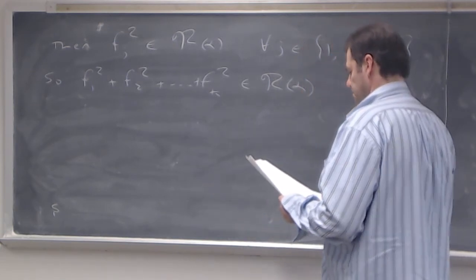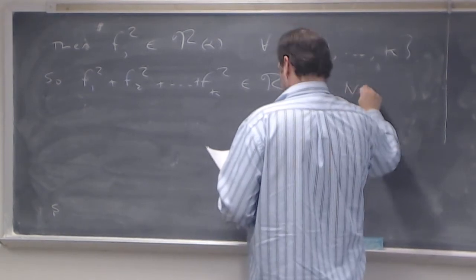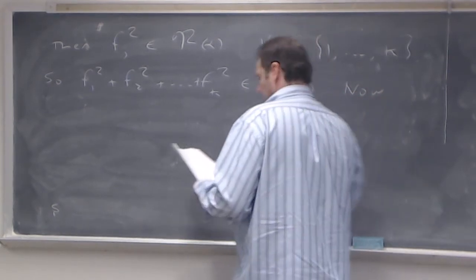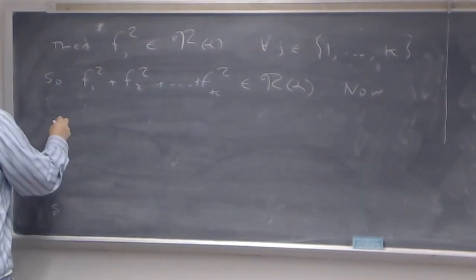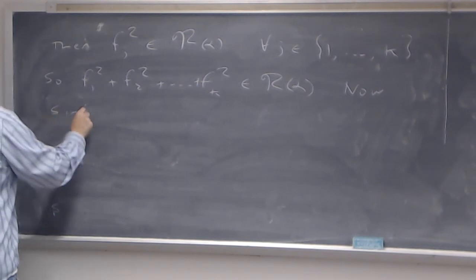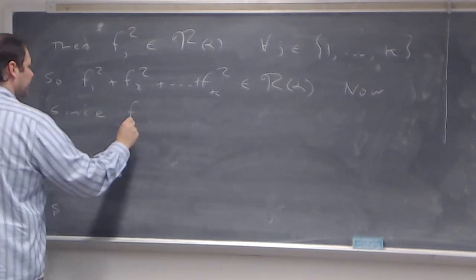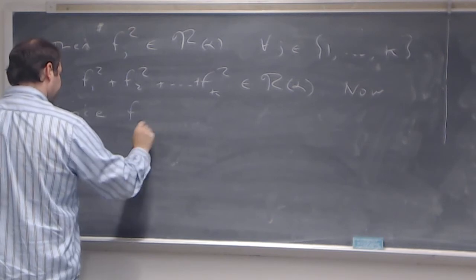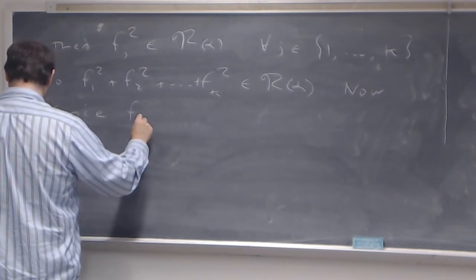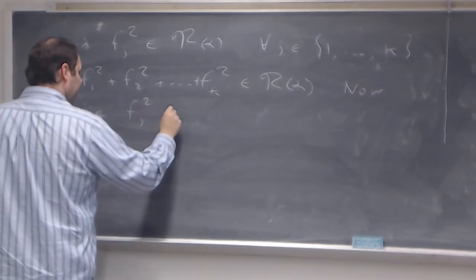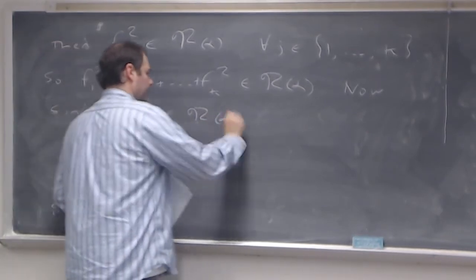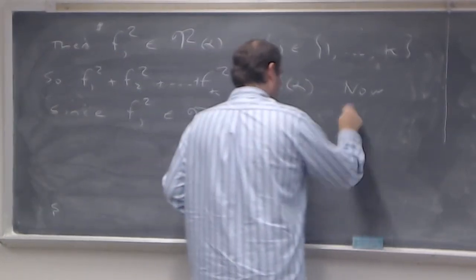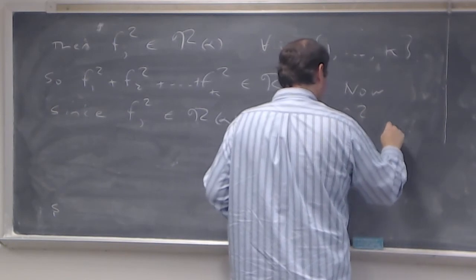And the next thing we know is that since f sub j squared is Riemann-Stieltjes integrable, then f sub j squared is bounded.